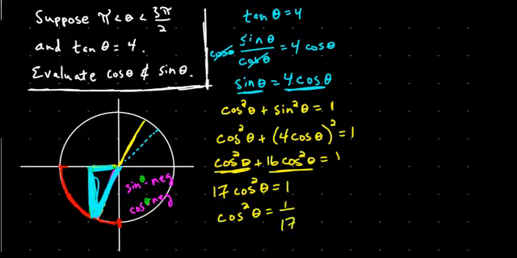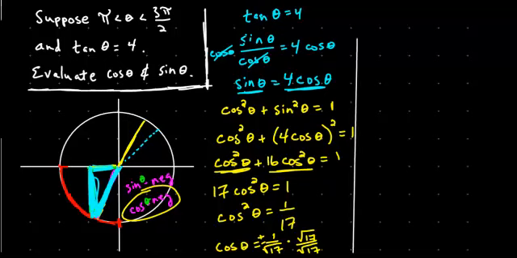Take the square root of both sides and get that cosine theta equals 1 over the square root of 17. Rationalize the denominator. It's plus or minus, but I think we know over here they're both going to be negative. I'm going to multiply by 1, but I will disguise 1 as the square root of 17 over the square root of 17.